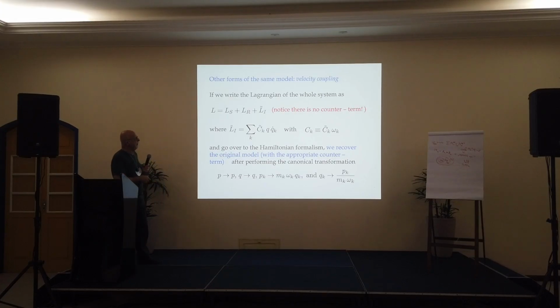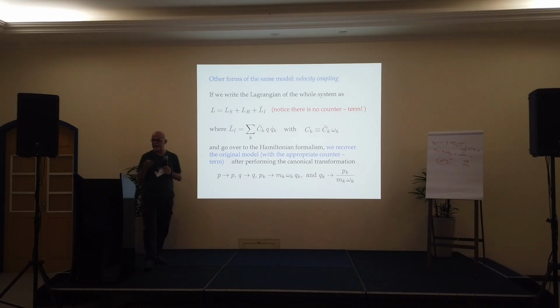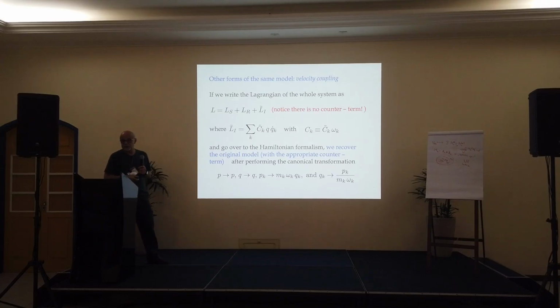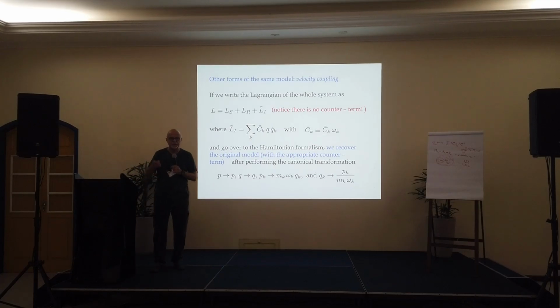And in this way, we have something like, say, a linear vector potential times the velocity, and the external particle will be a sort of mode of the electromagnetic field coupled to the charged oscillators. So that's something that we can do. And if we start with this Lagrangian formulation, go to the Hamiltonian formulation, and perform appropriate canonical transformations, we end up exactly with the same model as before.